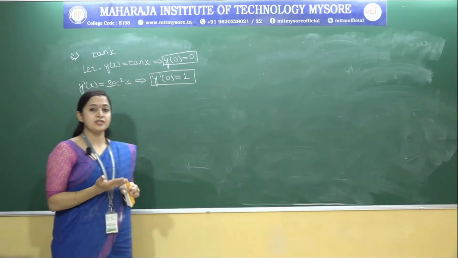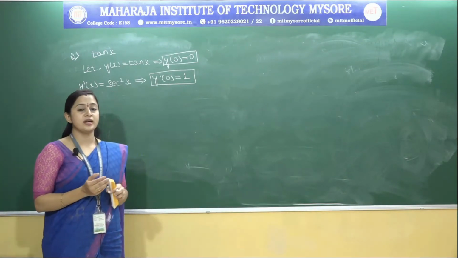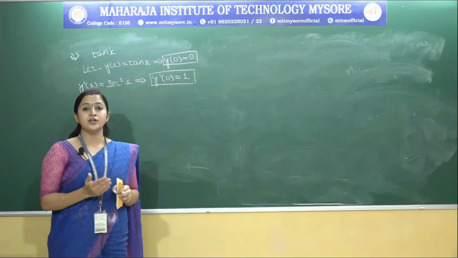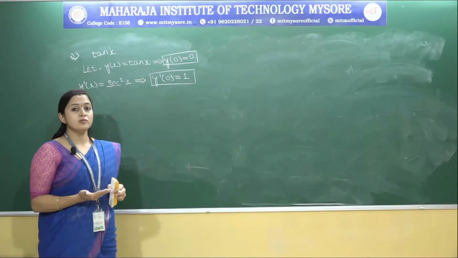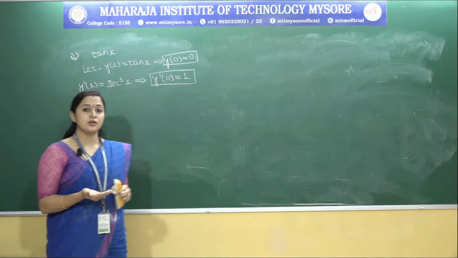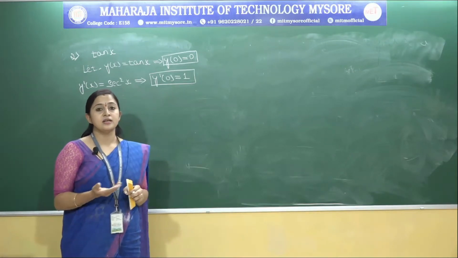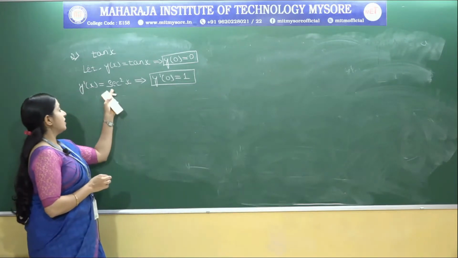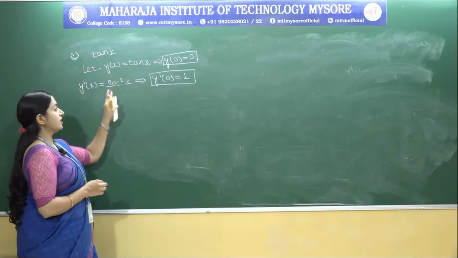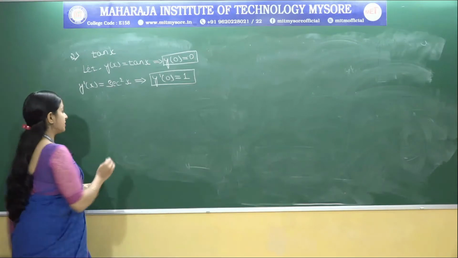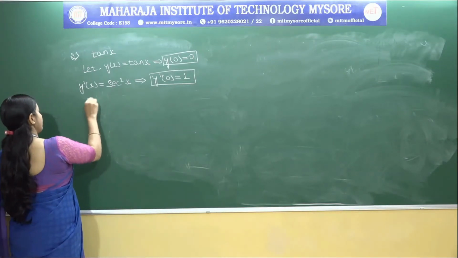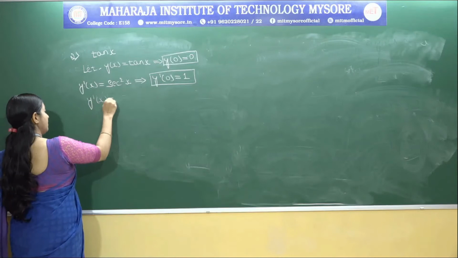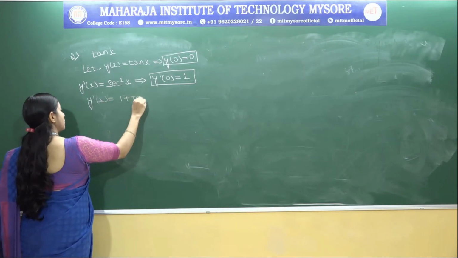Next, if you differentiate the secant square, you will get 2 secant x, differentiate the secant into tan x. So the number of terms are 2. Then on the next differentiation, the number of terms are 4, 6. It goes on increasing. To avoid that, write this secant square in terms of tan x, that is the given function y of x. So I write this y dash of x term, the secant square, as 1 plus tan square x.